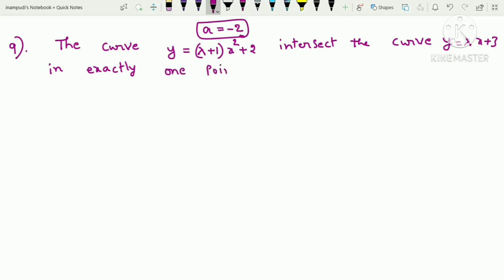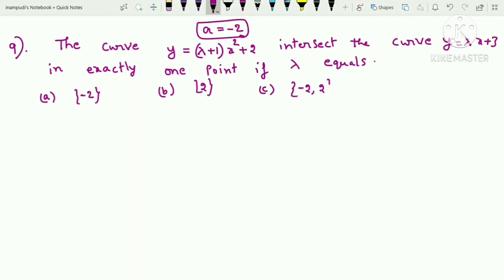If lambda equals, option A, minus 2 only, the set containing only minus 2. C option, minus 2 comma 2, the set of minus 2 comma 2. D, set of 1.